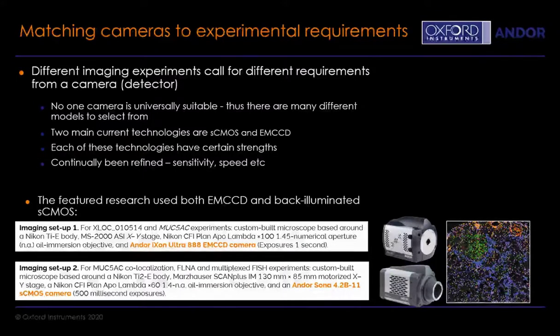In this case, the EMCCD camera was the Andor iXon Ultra 888, and for the sCMOS camera, it was a Sona 4.2B-11 camera. So we'll briefly look at why these particular cameras would have been selected for the kinds of experiments that have been covered earlier.